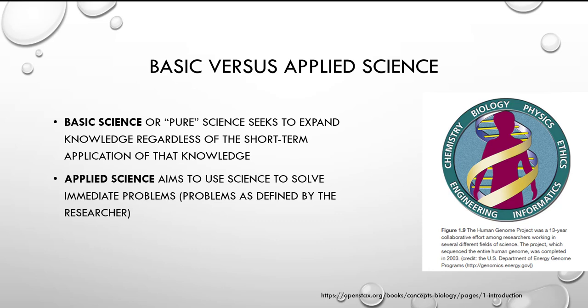So for example, in order to create a vaccine so quickly to stop the spread of COVID-19, we needed to know, first of all, what is a virus? What is an RNA type virus?